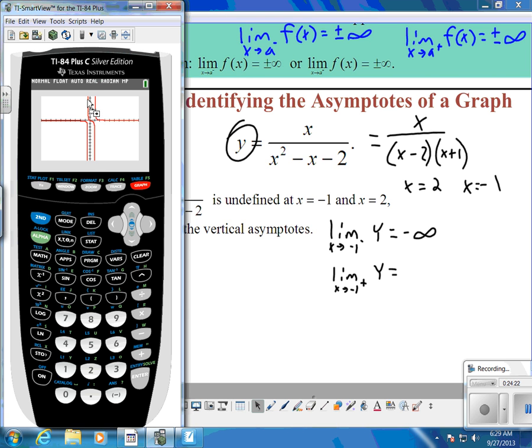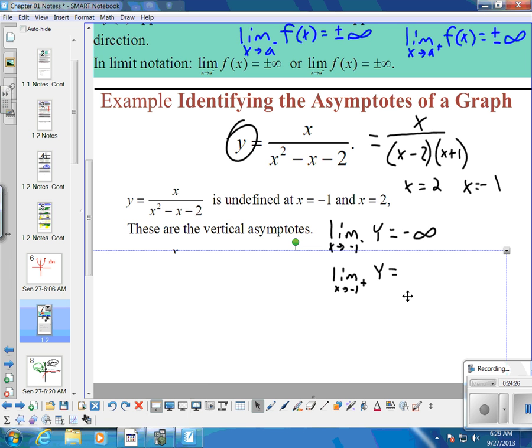What's happening as I get closer and closer? It's going towards positive infinity. And so this is how I'd write the limit notation to describe that. So I only needed one of those to have a vertical asymptote, but I'm just showing you, hey, there's both. What does that mean? I have a vertical asymptote at x equals negative 1. And you do the same type of thing for the other vertical asymptote.